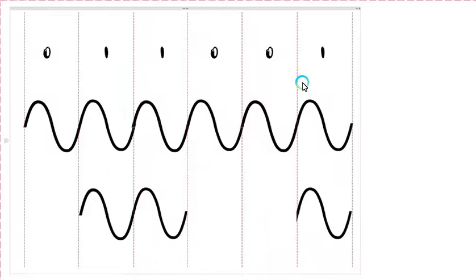In amplitude modulation, the modulating signal is of analog kind. But in digital modulation, it is a stream of your digital binary digits or your bits.